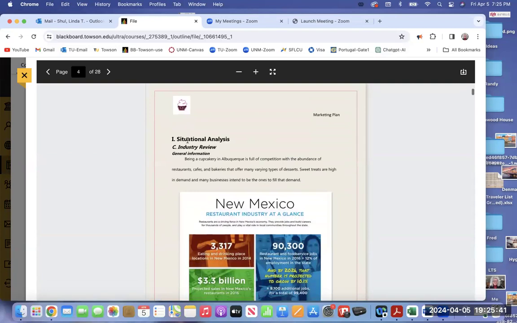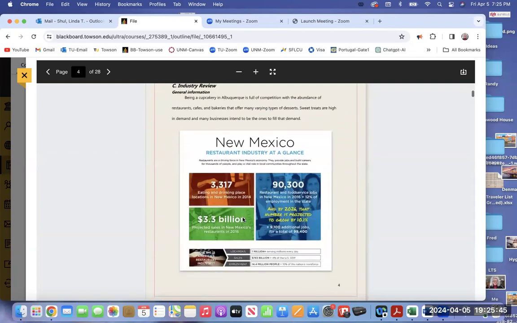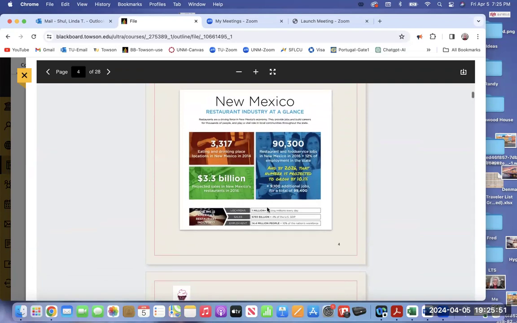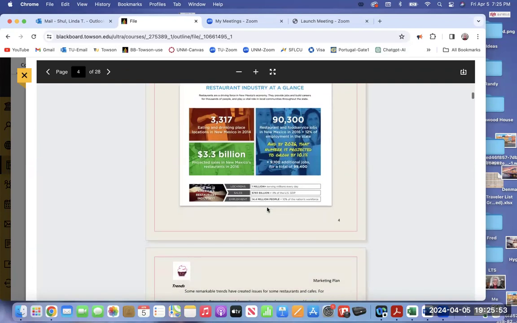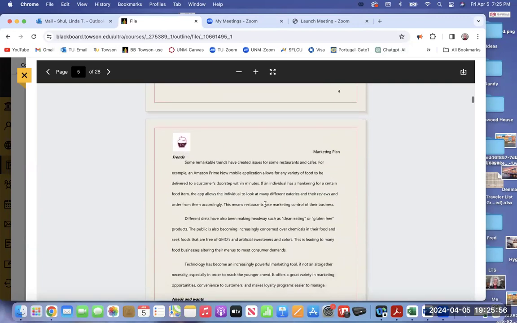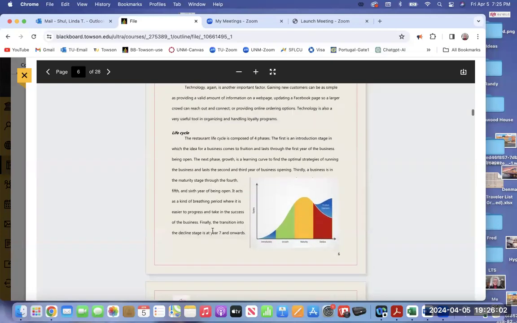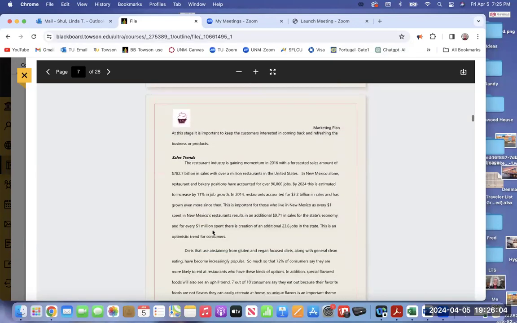Situation analysis. So this one starts right with the industry review. And this one is in New Mexico, a restaurant industry, and they have nice pictures about what's happening in the restaurant industry. And then some information about trends, different diets. This is their industry review.